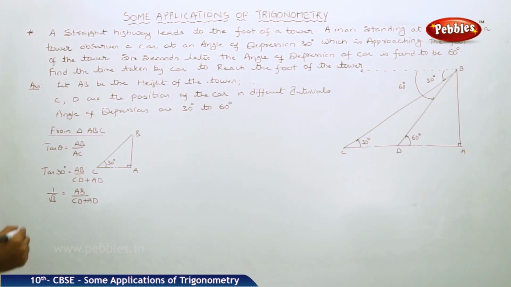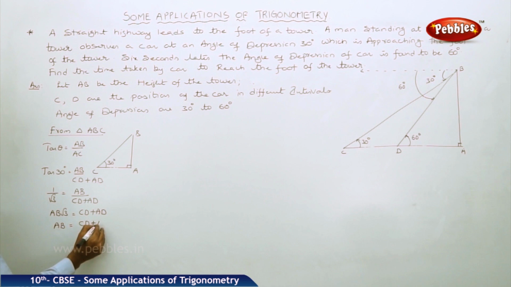That is AB root 3 is equal to CD plus AD. That is AB is equal to CD plus AD by root 3. This is equation 1.